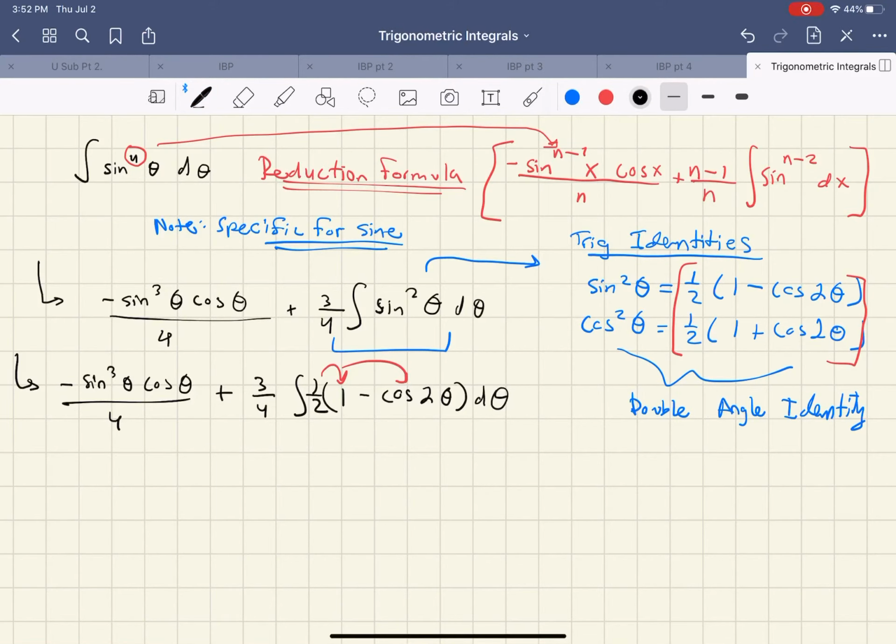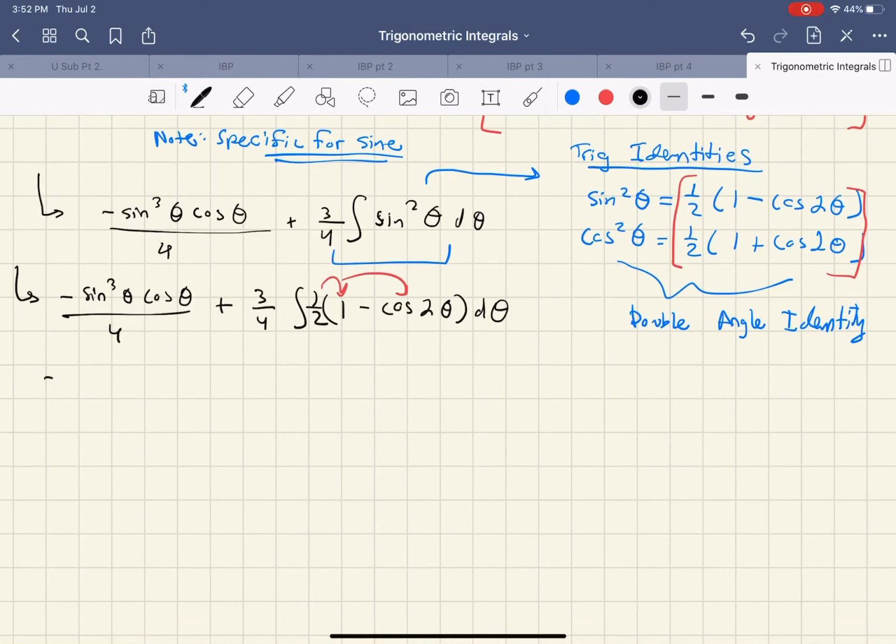So we'll continue and bring everything down. Negative sine cubed theta cosine theta. Honestly, you don't have to rewrite everything and bring it down every single time, but I do it so I can show you exactly where I'm at, so we won't skip a step. So 3 over 4 times the integral of 1/2 minus cosine 2 theta over 2 d theta.